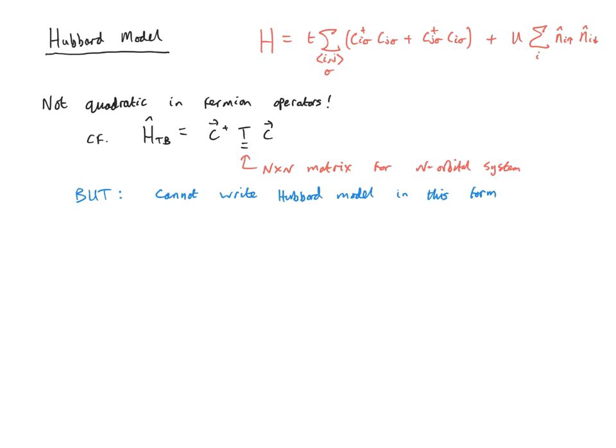So there's no way that I can make a canonical transformation of the operators, c vector equals U f vector, for example, where I can choose the matrix U to diagonalize the matrix T. There's no way I can diagonalize the Hamiltonian operator in general because I can't write it in this special form, which comes from the fact that I have number operators featuring in the Hamiltonian and four-fermion terms rather than just a quadratic Hamiltonian.